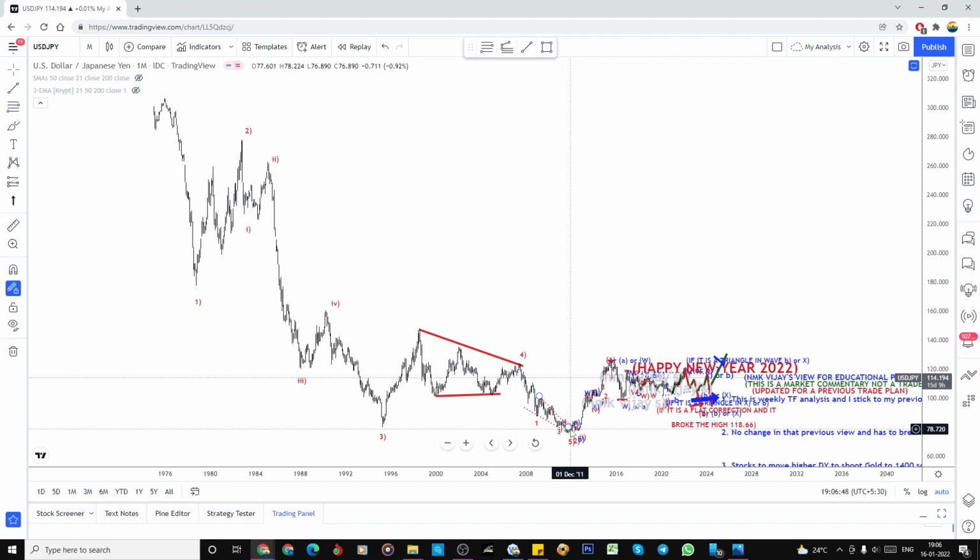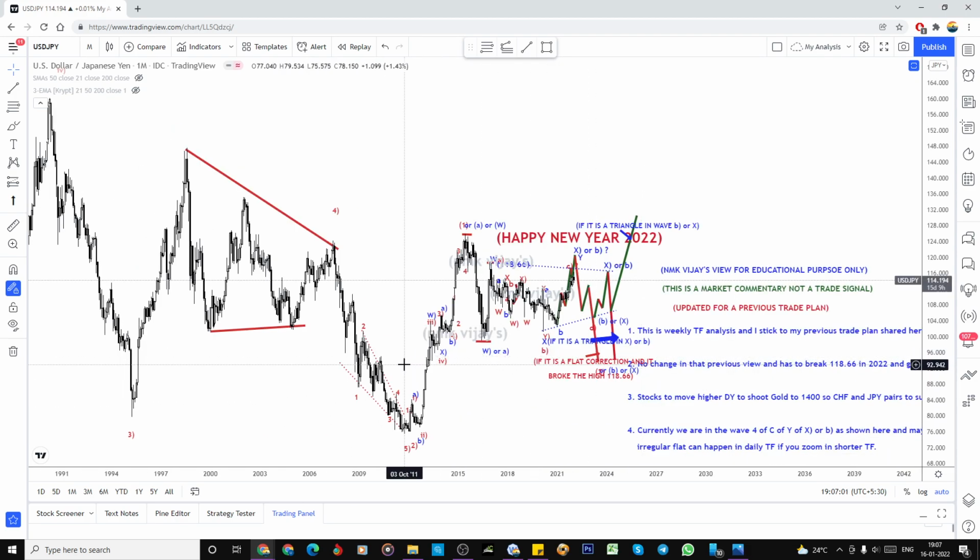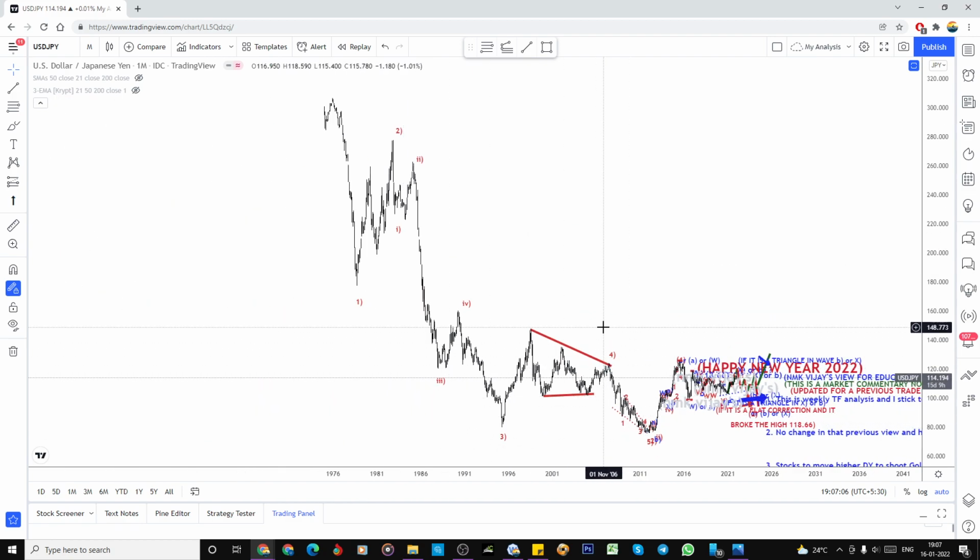Later onwards, we are expecting a three-wave structure. For this impulsive wave, we are in the correction part. So how long did it take? Nearly from 1976, it reached 2011, right? Yes, 2011 it reached. Nearly 35 years of journey has been completed here.